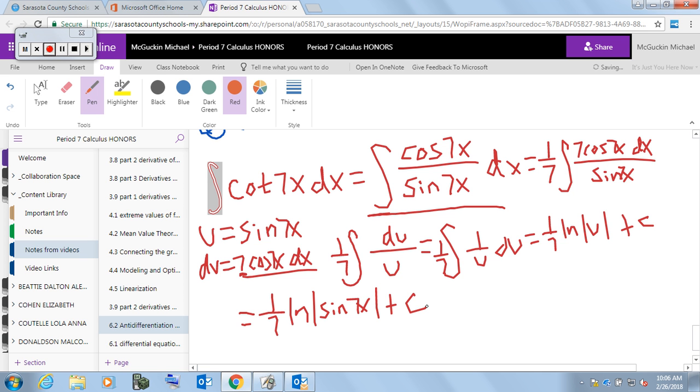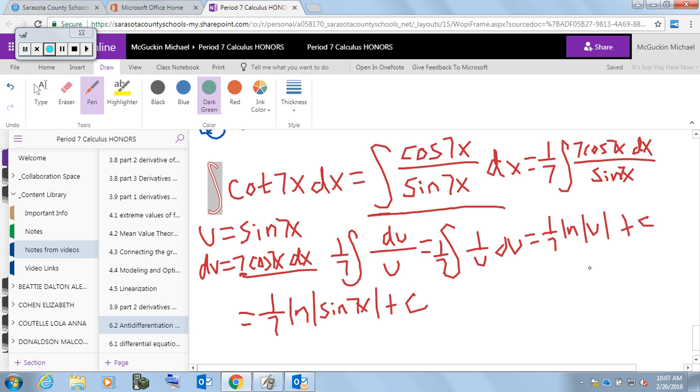plus our constant of integration. Alright, ladies and gentlemen, I want to give you one to give a shot on your own since we didn't on the last example specifically. So, let's try this one out.